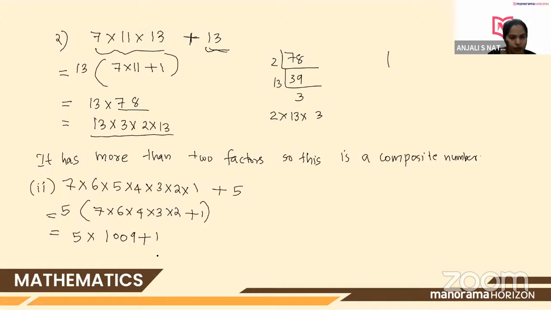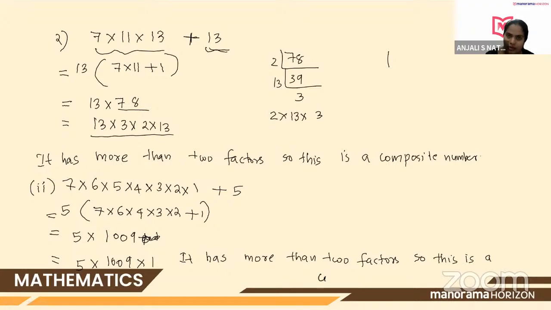Here the factors are 5, 1009 and 1. Here also it has more than 2 factors. So this is also a composite number.